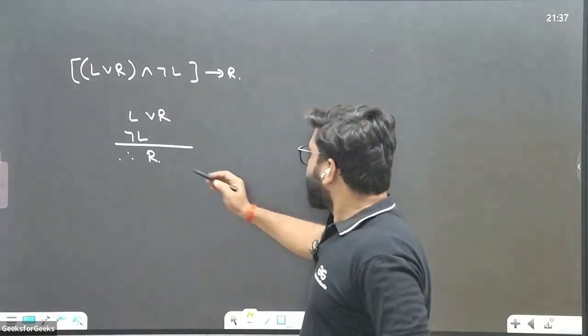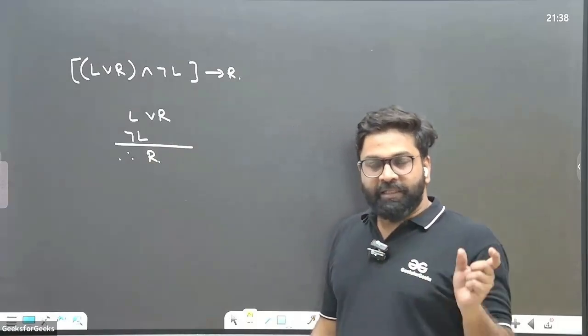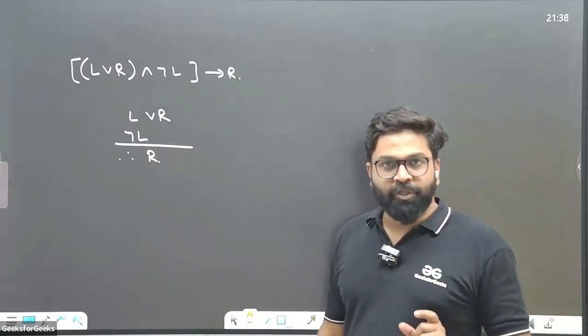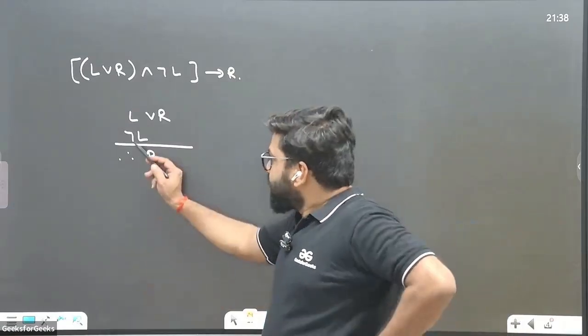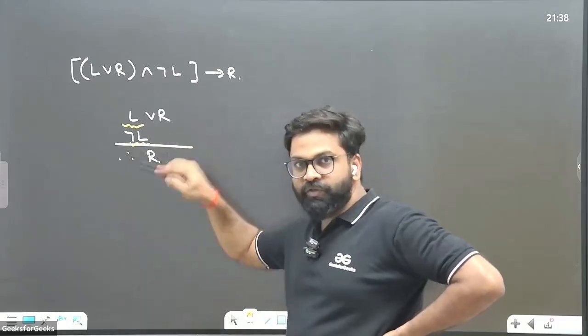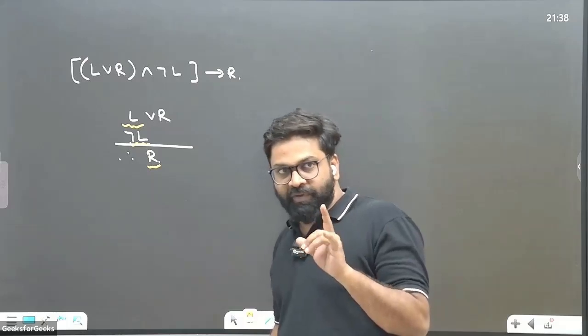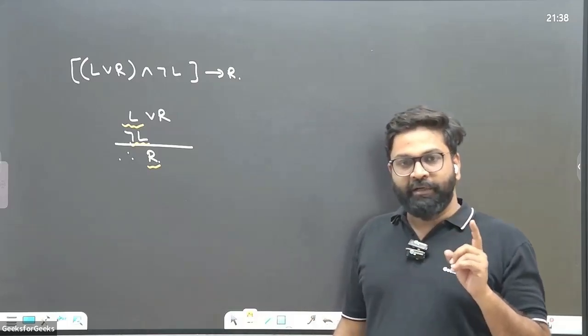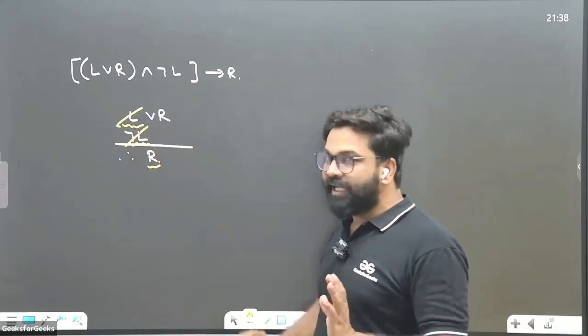See, this L or R, do not think that this is left or right. This L is one type of compound propositional statement, and R is also one type of compound propositional statement. Here, as you can see, this is positive and this is the negative of that positive, so the answer you are getting is R. Do not think that it's like mathematics where you are cancelling and getting an answer.